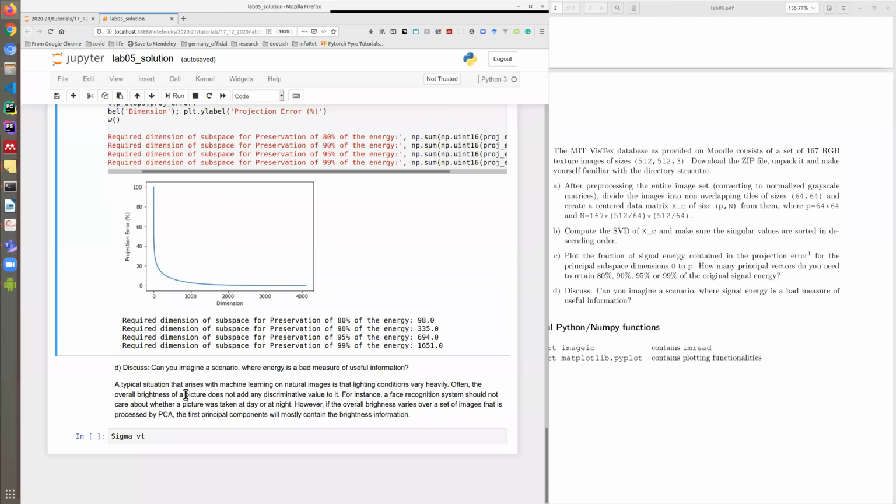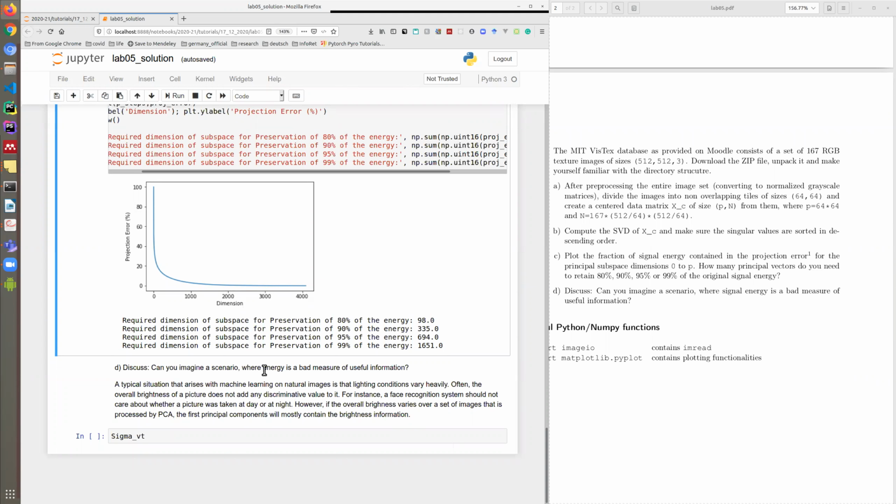Often the overall brightness of a picture does not add any discriminative value to it. For instance, a face recognition system should not care about whether the picture was taken at day or night. However, if the overall brightness varies over a set of images processed by PCA, the first principal component will mostly contain the brightness information.